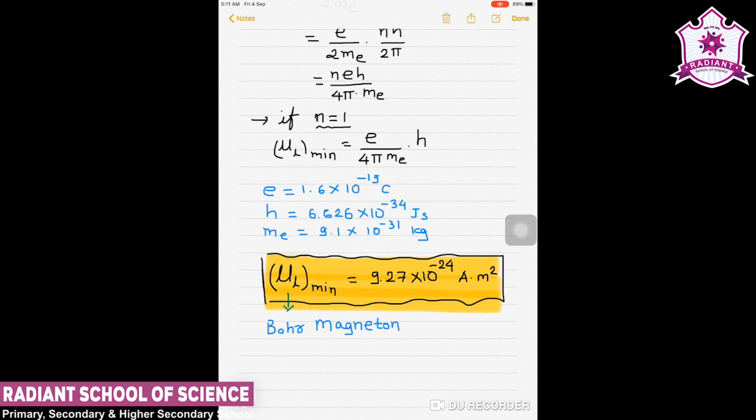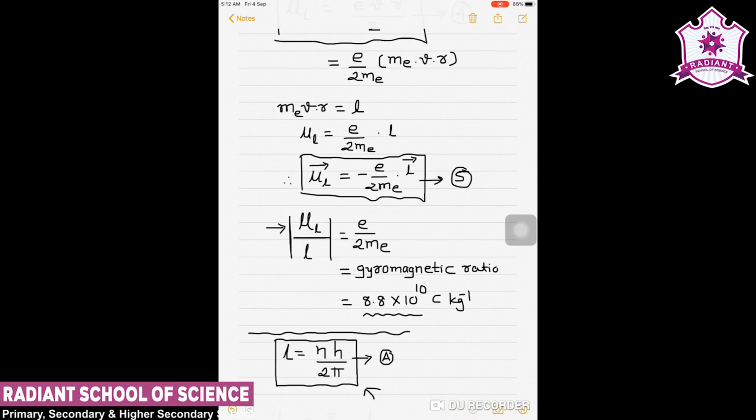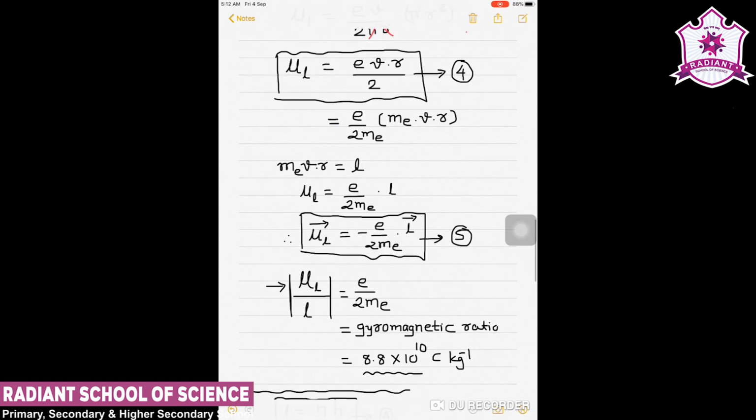The above equation, equation number 5, in a value based form, is actually the spin magnetic moment of the given equation, and we have different values for different magnetic moments.